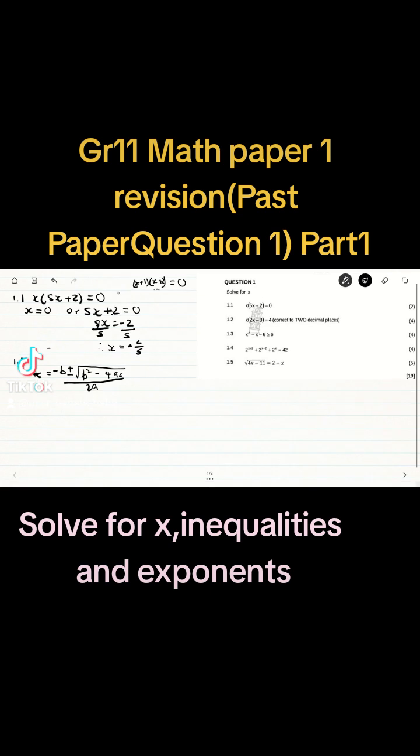And of course, let me write down what's given. We're given x multiplied by 2x minus 3 is equal to 4. Before we use this formula, we need to write this in a form in which we can use it.